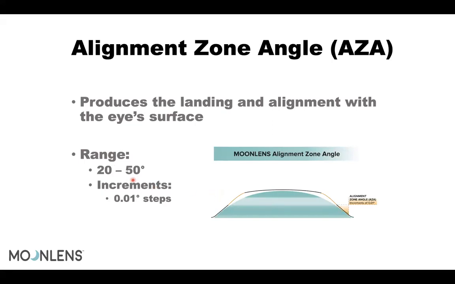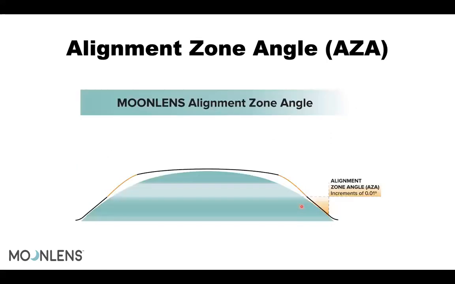You can do this in a range between 20 and 50 degrees, and you can change by 0.01 degrees each step to align the lens better, right?